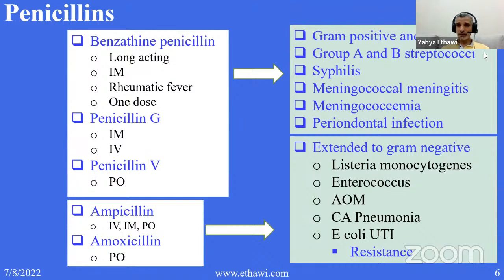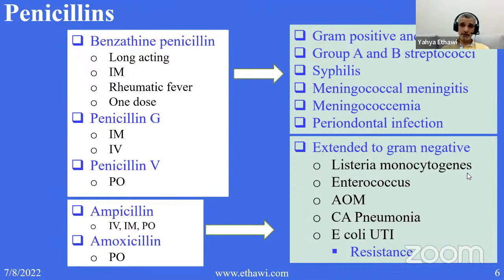They are very active against gram-positive bacteria and also anaerobes. They are active against both group A and group B streptococcus, and that's why we use them in the neonatal period. But because they are broad spectrum, we use them in combination.